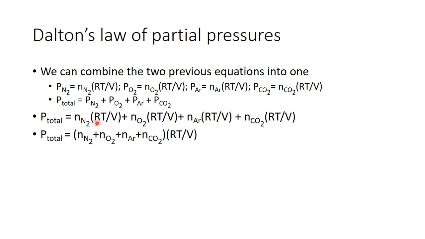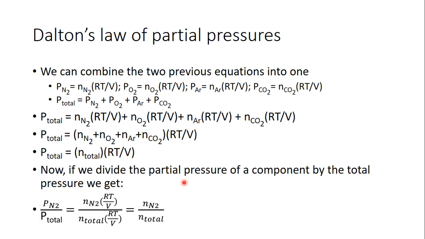Now, if you notice, all these terms have RT divided by V. So I'm just going to pull that out, and I'm just going to have the number of moles of N2 plus O2 plus argon plus CO2 multiplied by RT divided by V. And I can say all these moles of gas, that's just the total moles of gas we have in our system.